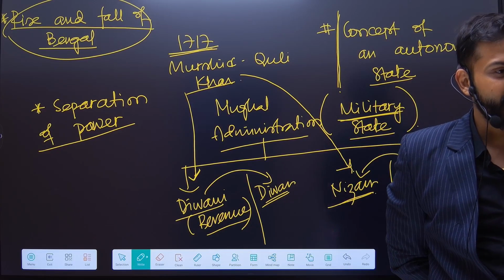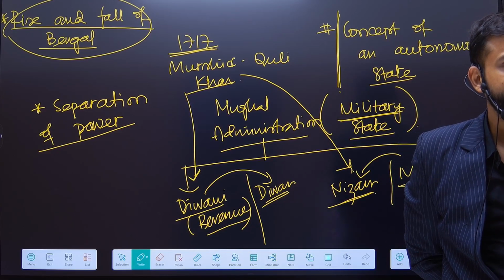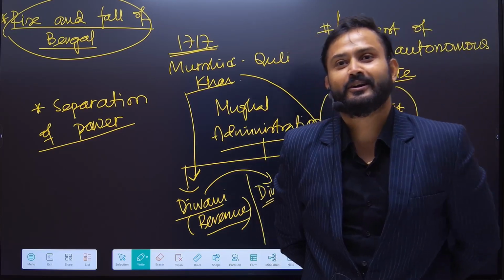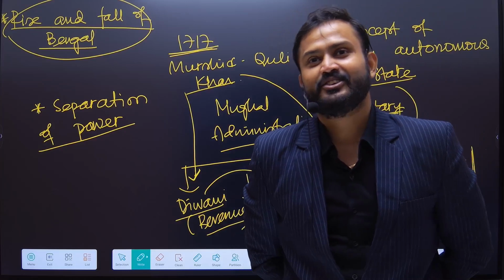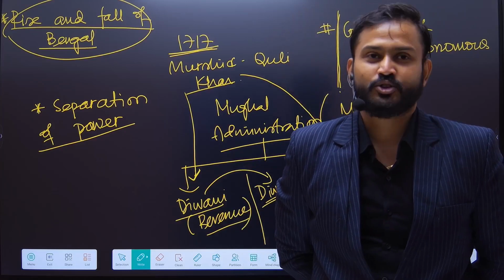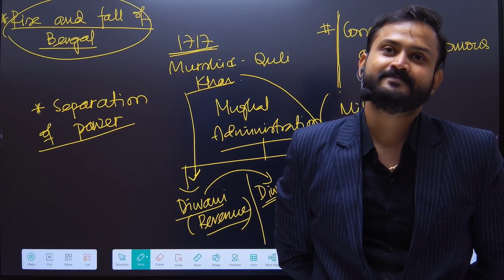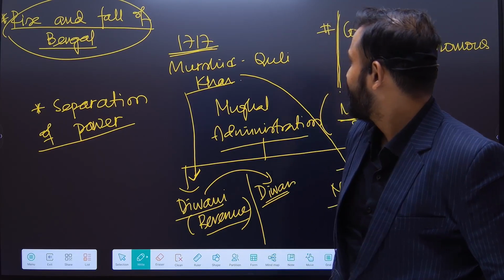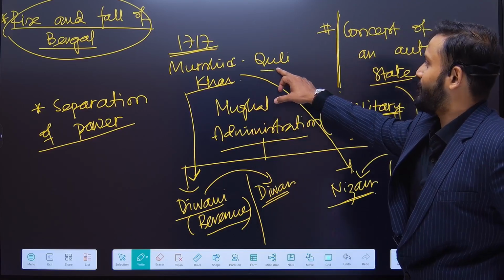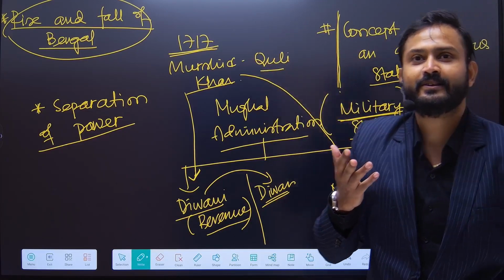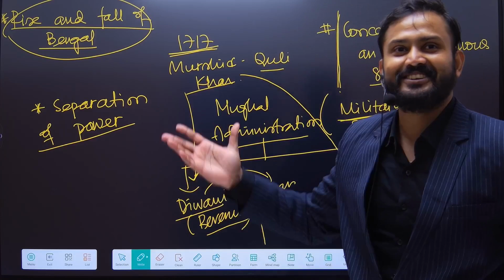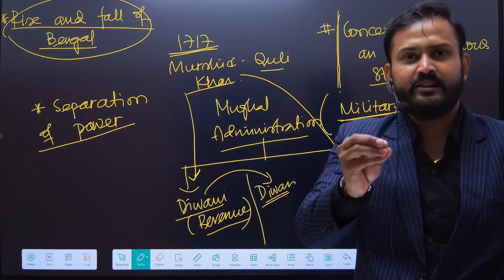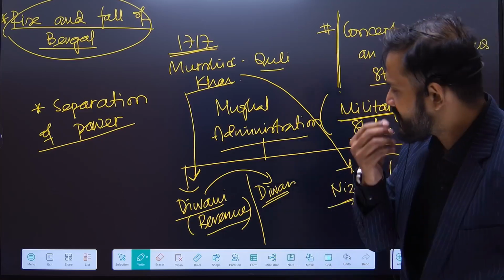In 1717, under the leadership of Murshid Quli Khan. I have written Murshid Quli. It is written right. Right, under the leadership of Murshid Quli Khan, full stop.